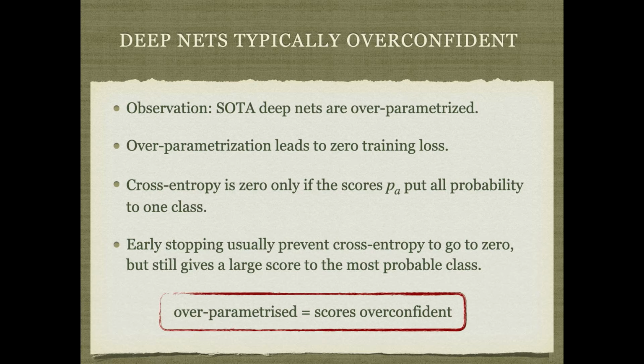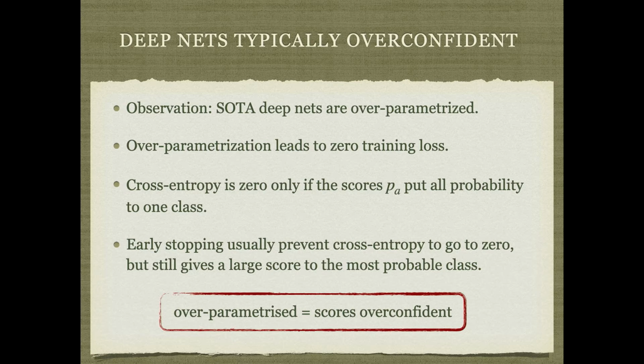Now, if you have an intuition about the mathematical form of this cross-entropy loss, you will immediately see that the only way this function can go to 0 is if these logistic scores go to 1, 0, 0, 0. So that's the only way this logistic loss can go to 0. So if we train till convergence, by definition, the neural network is absolutely confident about its output, even though the test error may not be at all close to zero.